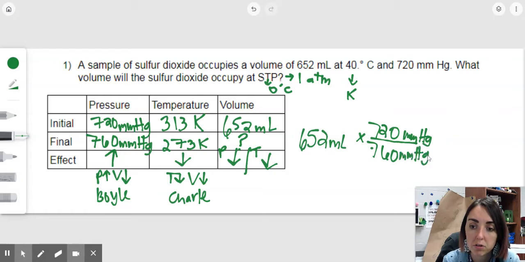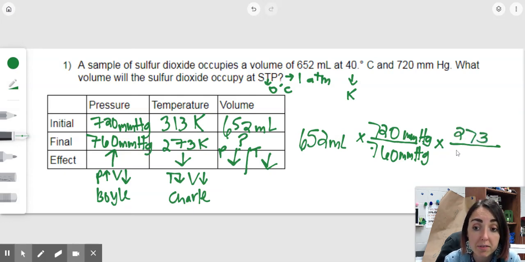And then if I go to my temperature, you can see I'm just going to add another fraction. I'm going to do the same thing. I'm just going to add on to the problem. My temperature goes down, so my volume needs to go down. So again, I put the small number on top.